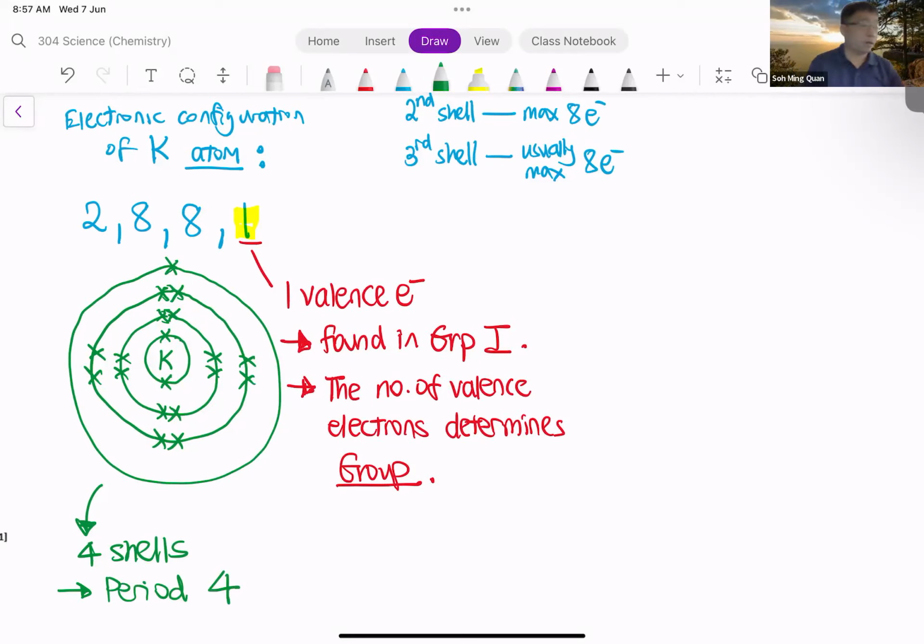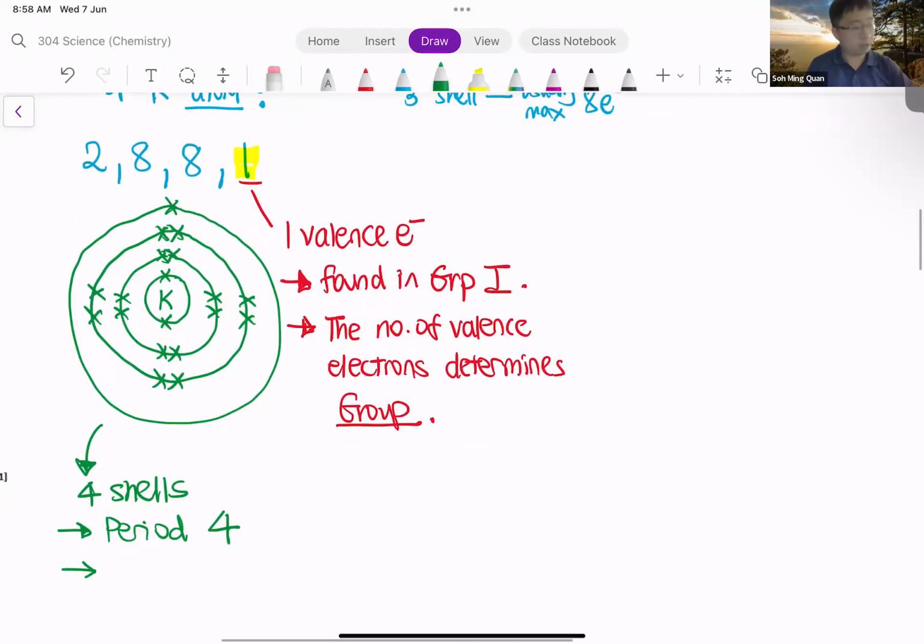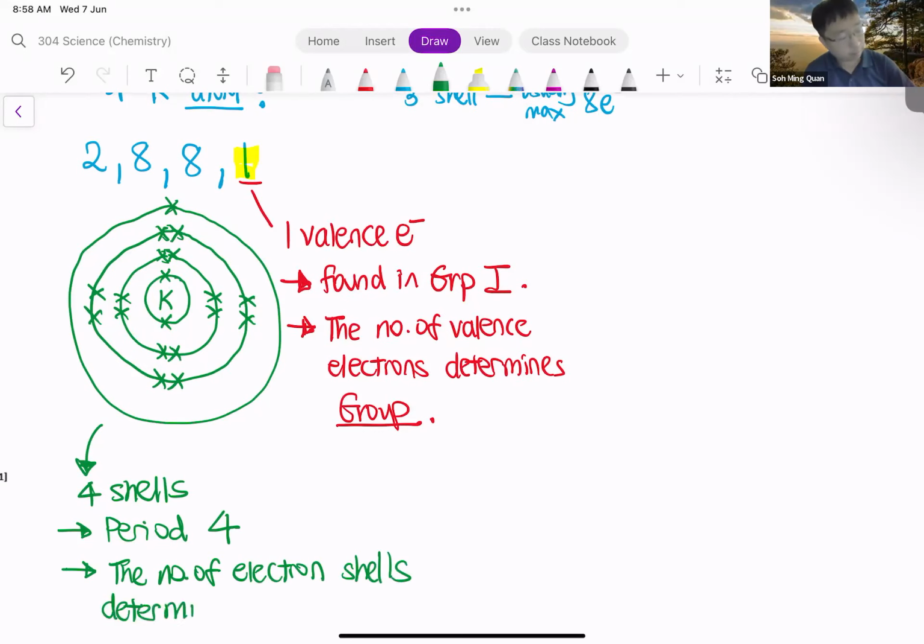Periods go from top to bottom as rows; it's the 4th row of the periodic table. So we can conclude the number of electron shells determines the period.